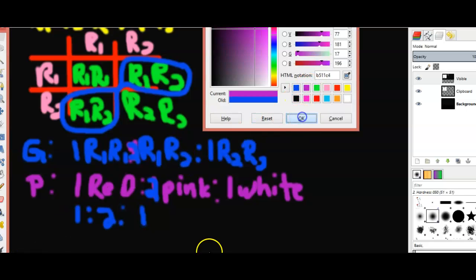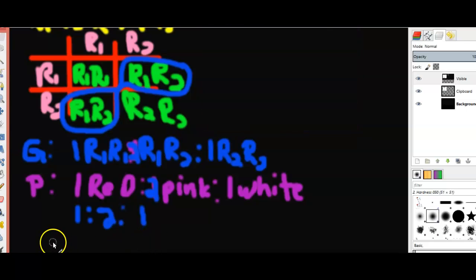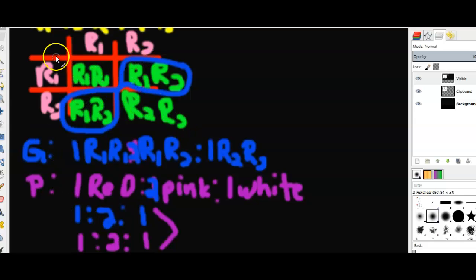And the phenotypic ratio is also 1 to 2 to 1. So look at this. Genotypic ratios and phenotypic ratios are the same. 1 to 2 to 1. 1 red, 2 pinks, 1 white.